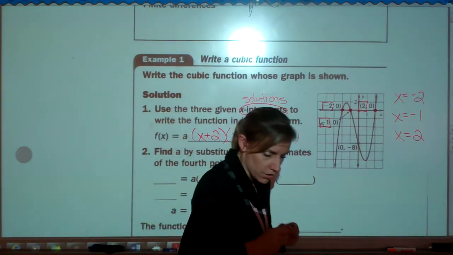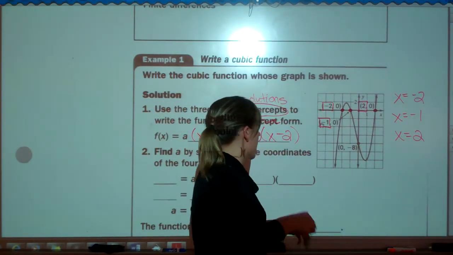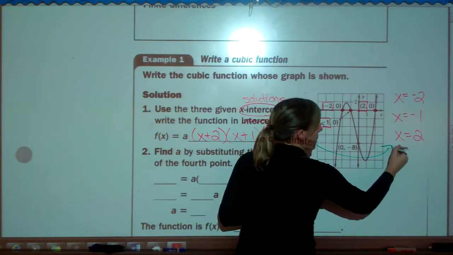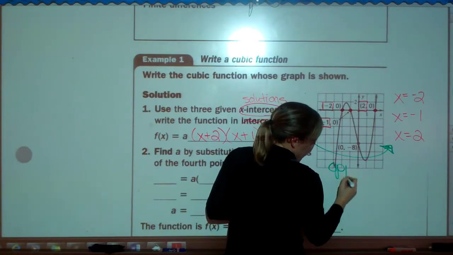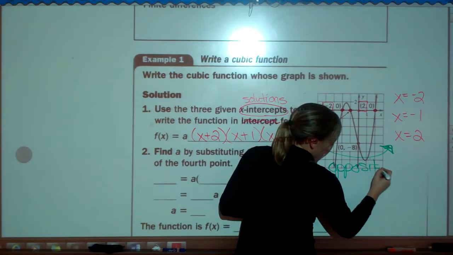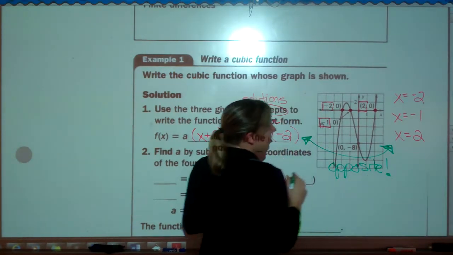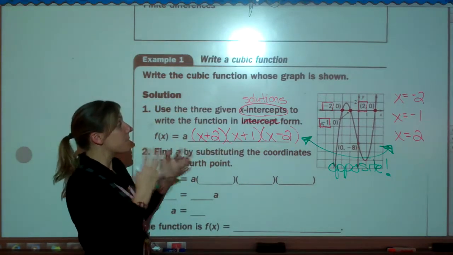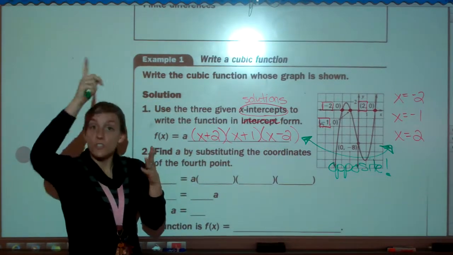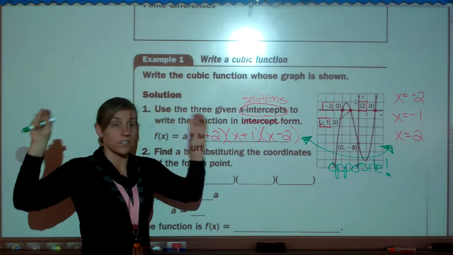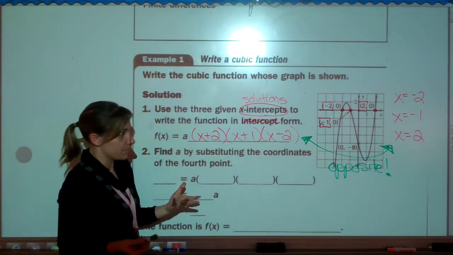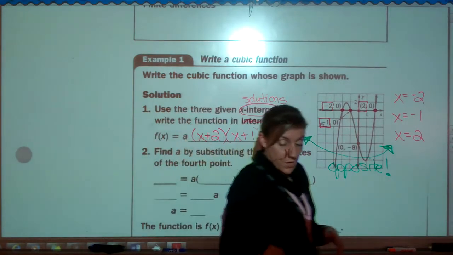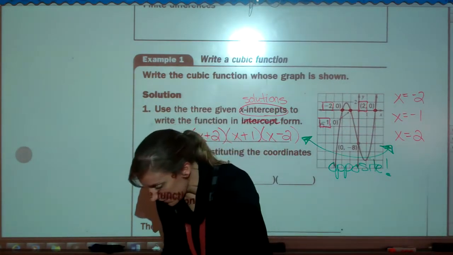So let me take a marker and write that down so that you guys notice that these are opposites. Okay? So that's the big thing I want you guys to realize. Solutions are right on the graphs, the x-intercepts, and factors are the opposites of those solutions. That's the biggest thing.